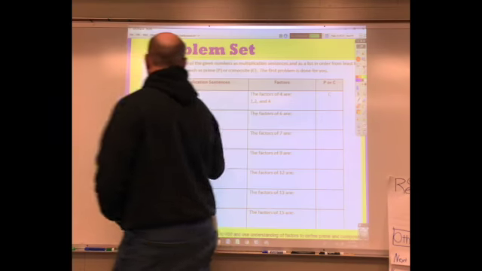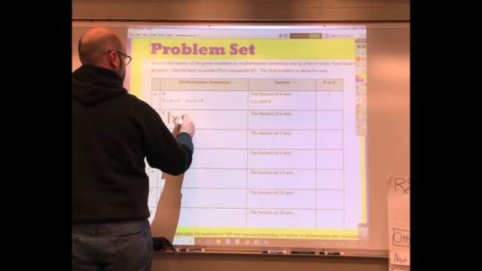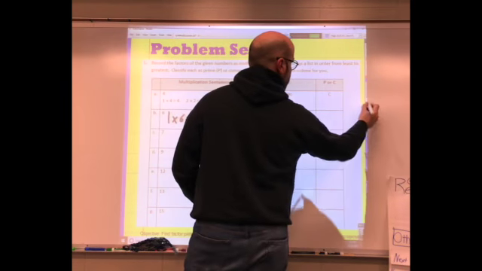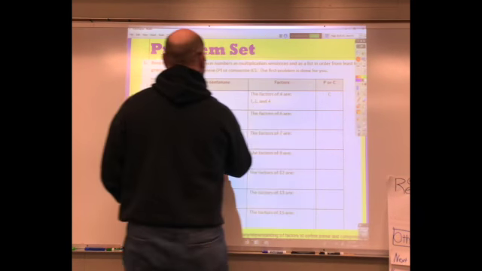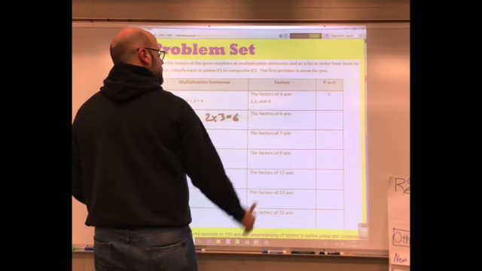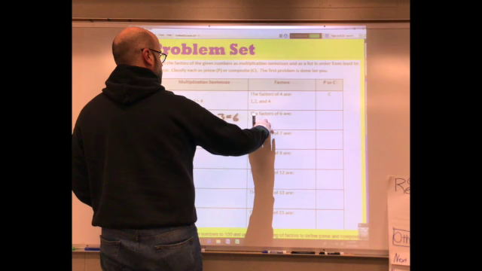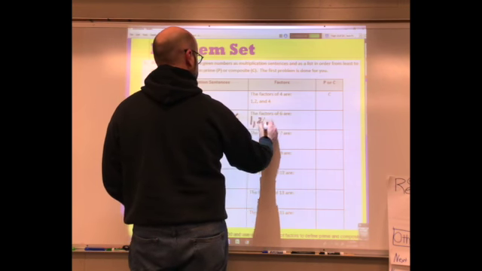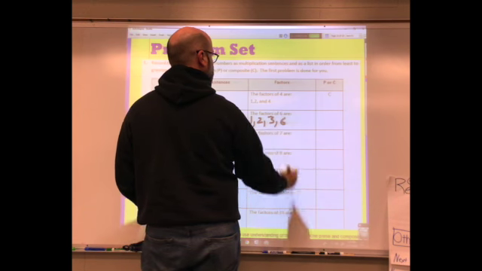So 6. 1 times 6 equals 6. I should do 2 times 3 since I want to keep it in numerical order. 2 times 3 equals 6. Then the factors of 6 are 1, 2, 3, and 6.